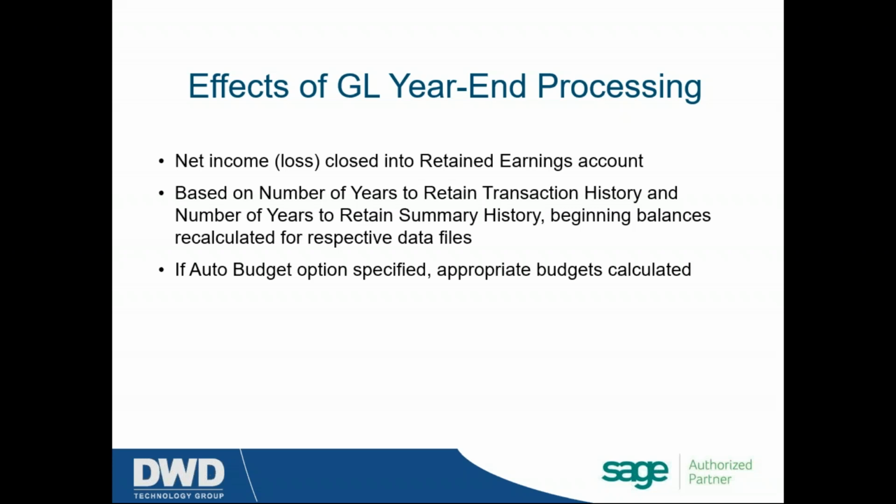Make sure it's not something like 1 year or 2 years, because having done this for a long time, I've run into just about everything. I've had a client who hadn't done year-end processing, went ahead and did it, and then later found out that their options to save data had only been set for a year for some reason. So take a quick peek at those to make sure they are set appropriately.